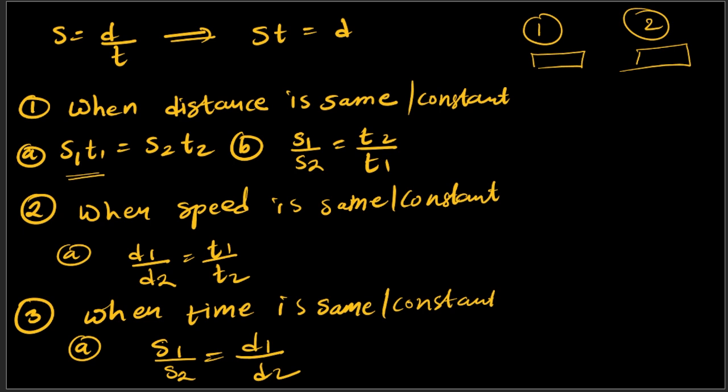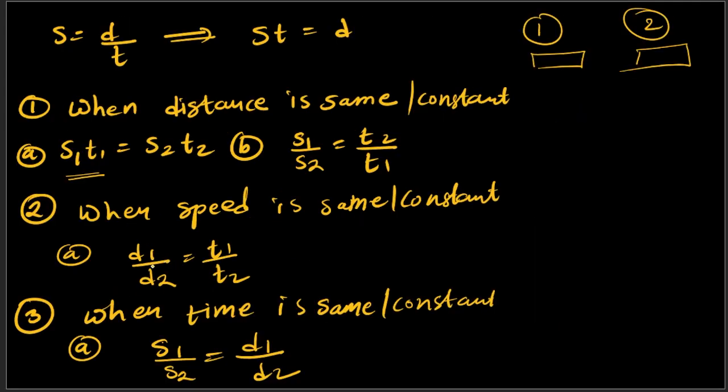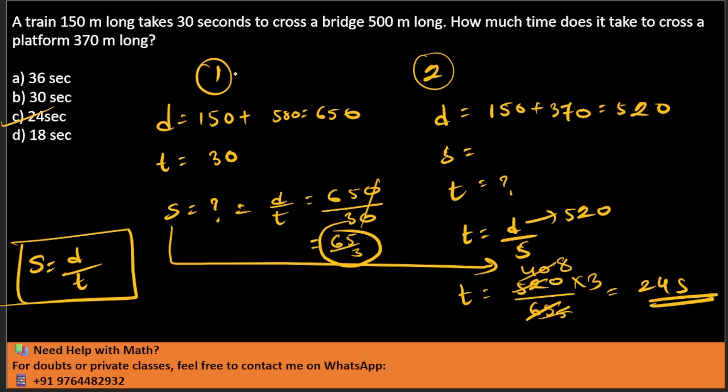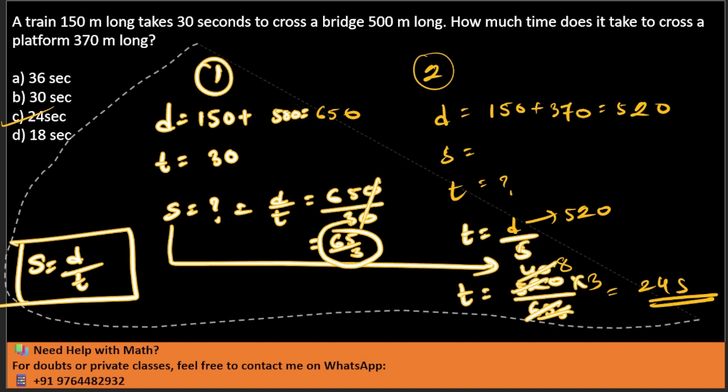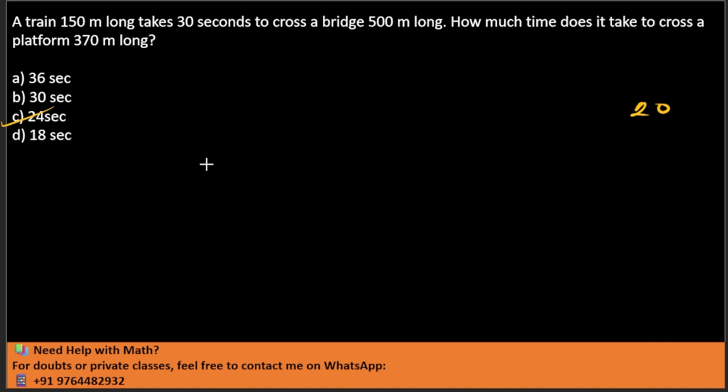So here in this question we have speed is same, so what we are going to use, d1 upon d2 is equal to t1 upon t2.